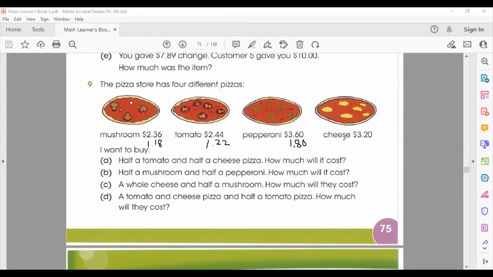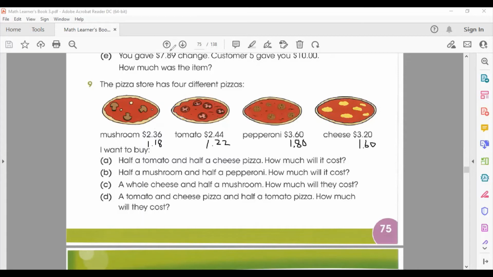After this, the cheese $3.20. What is the half of 32? Half of 32 is 16, then 0, and then we put the point. Now we have the half price for each pizza.